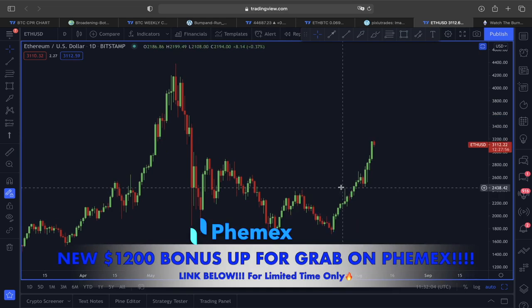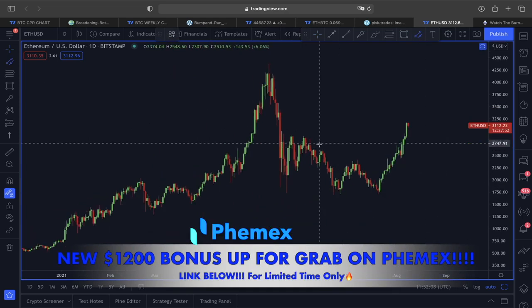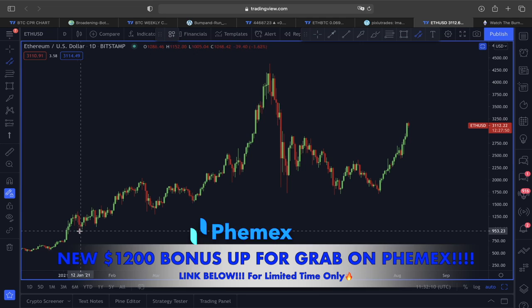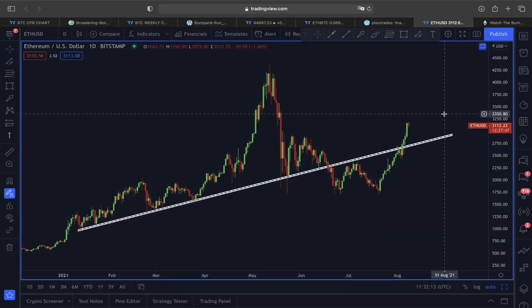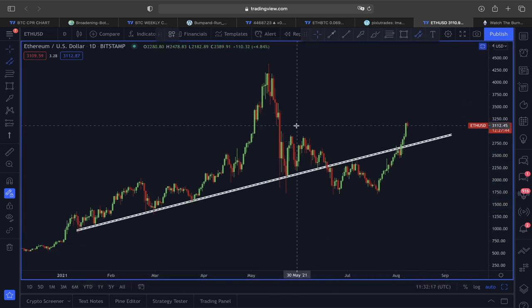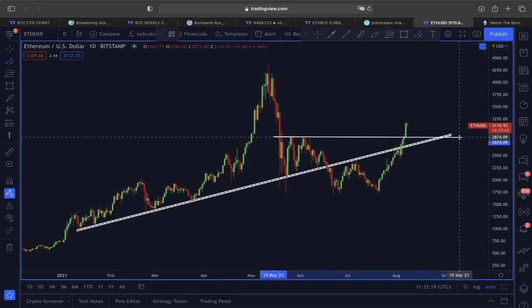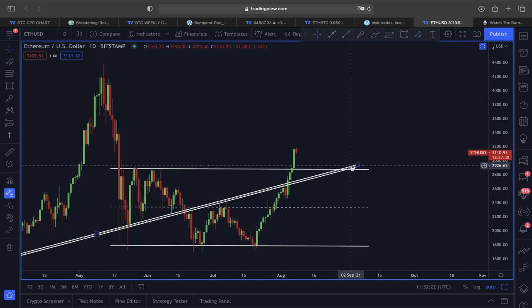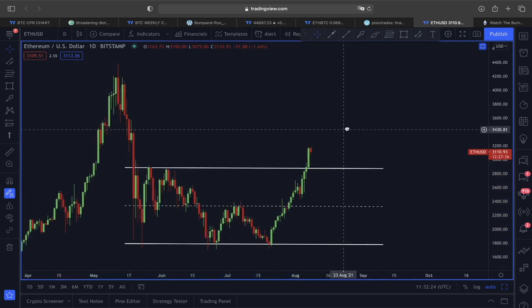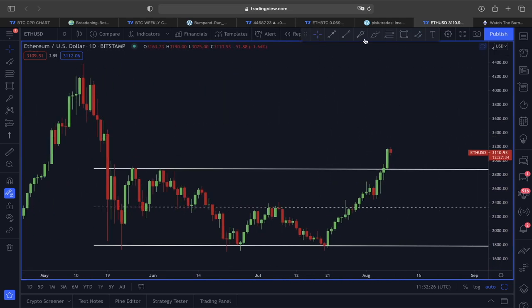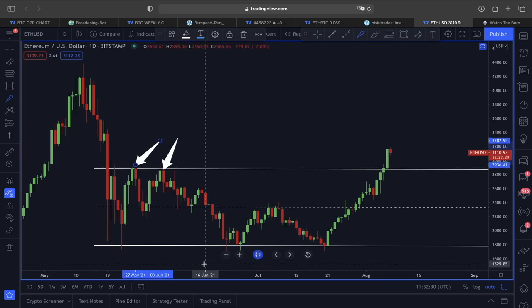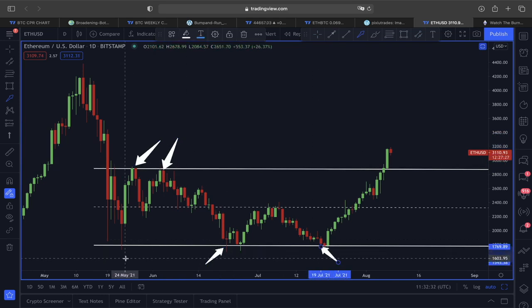So now what to expect? As we have already said, on any sort of pullback, this rising trend line is where we might possibly be gravitating. But not just that, what we should not forget is this parallel channel line. So this parallel channel right now could also be playing a very important role for Ethereum, because the upper line here was acting as a resistance, and the lower line was acting as a support.